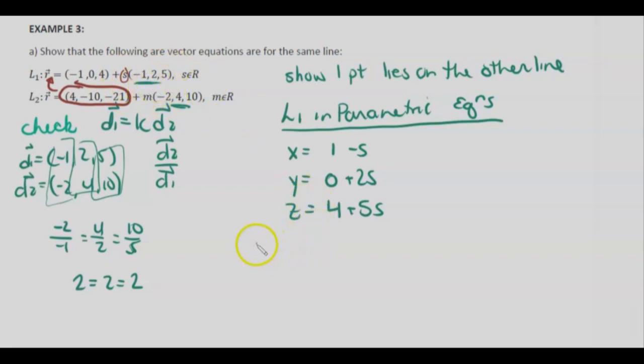Okay, so let's go. x equals negative 1 minus s, and for this x we're going to sub in 4. I don't like working with a negative s, so I'm going to bring the negative s over, and I'm going to bring the 4 over here.